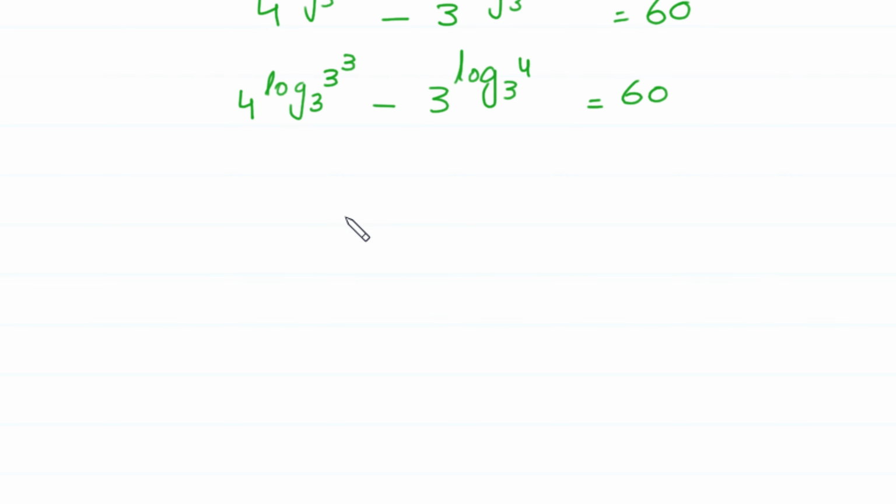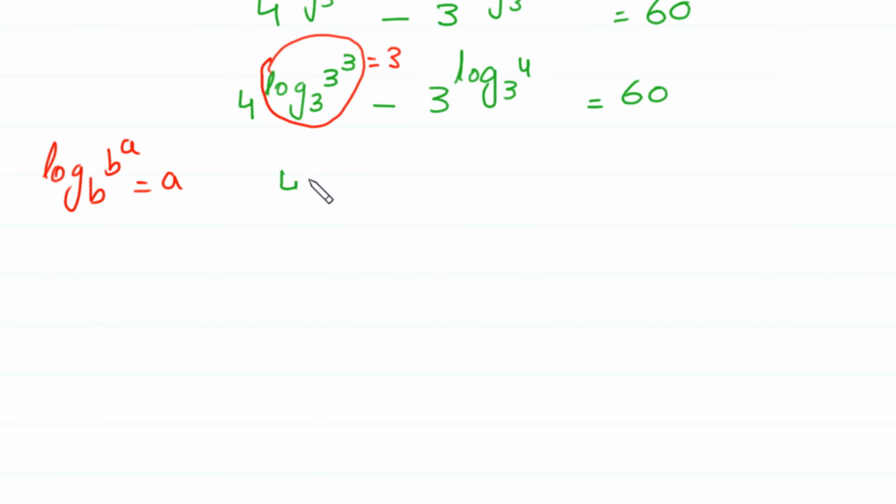Next, according to the property of logarithms, log base b of b to the power a is equal to a. So log base 3 of 3 to the power 3 is equal to 3.